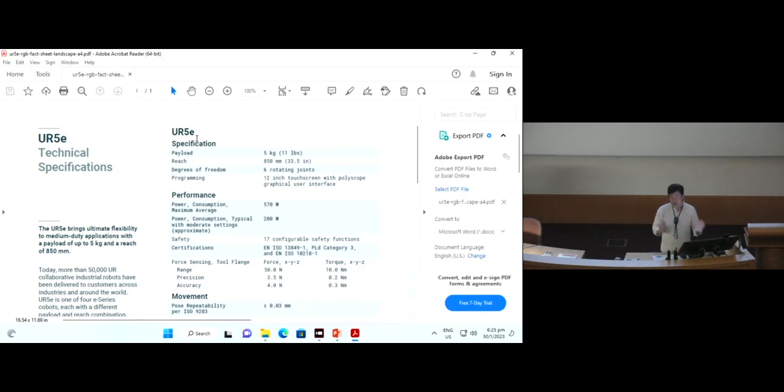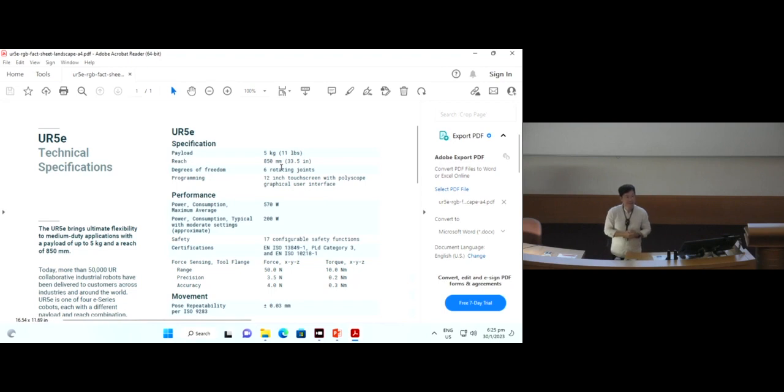Dimension wise they are very much the same. The payload will tell you this is 5 kg. This is the reach. So the reach is 850 mm. So you know the reach, then you should know that your plane should not be too far away.